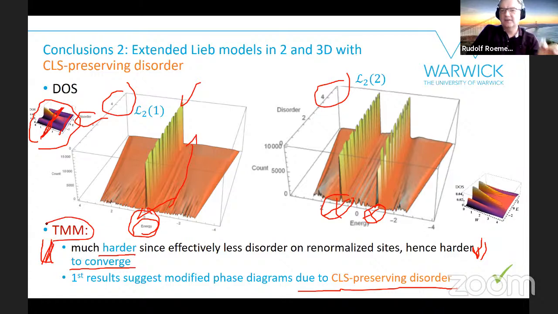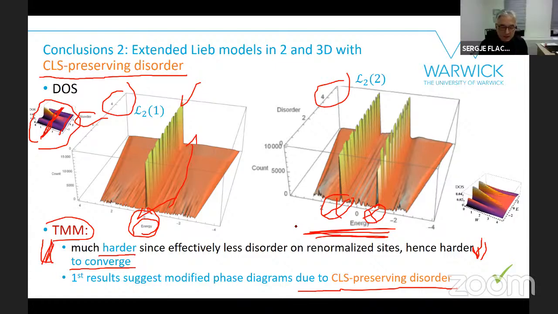Then we reduce the hopping disorder and look at how the phase diagram boundaries look for ever more reduced hopping disorder, to estimate what happens at very low hopping disorder. So yes, this is one of the tricks we're currently using, trying to slowly go to the really interesting case of our compactly localized states preserving disorder. Maybe that's one of the things we have to do to get the convergence, not just because it's interesting, like you said, but because it's one of the crutches we have to use to get there. But it doesn't really work for those energies out here, so we'll have to look for a better trick for these.